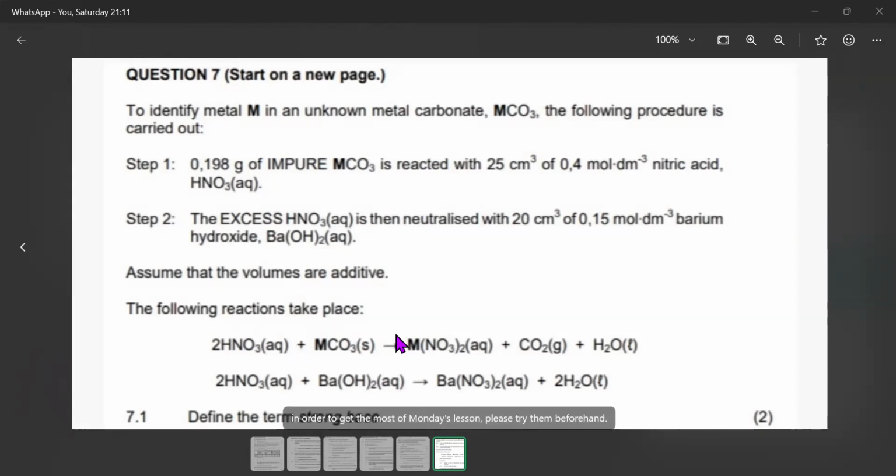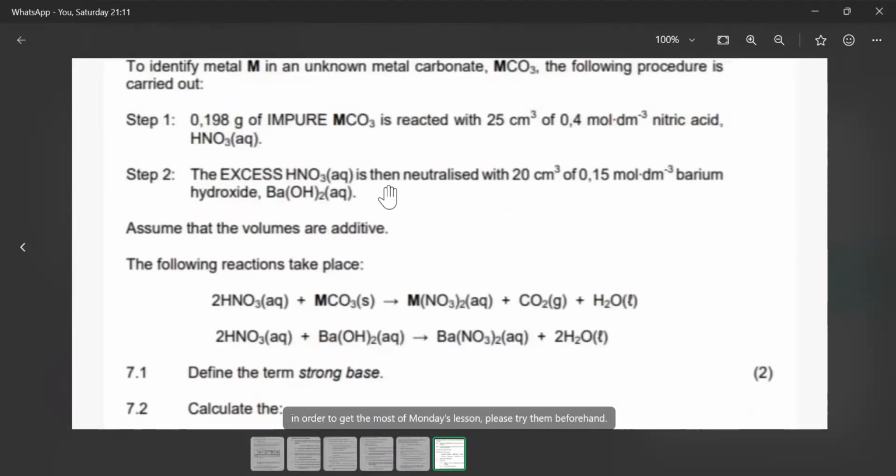It means the mass of this metal carbonate is less than the 0.198 grams. And we also know that the acid is going to be an excess reagent, and the other one is going to be neutralized. The one in excess is neutralized by the barium hydroxide.